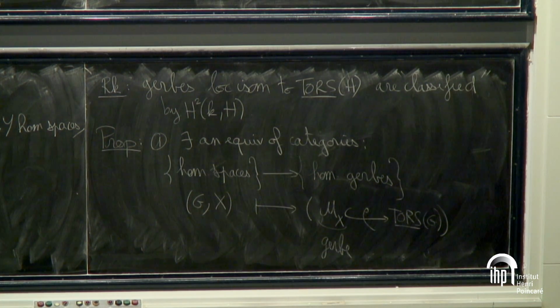The first one is that P is a birational invariant. So if x and y are stably birational, then P of x is equivalent to P of y.